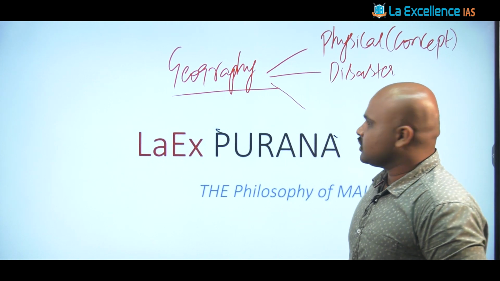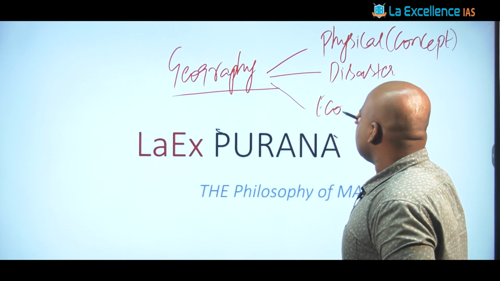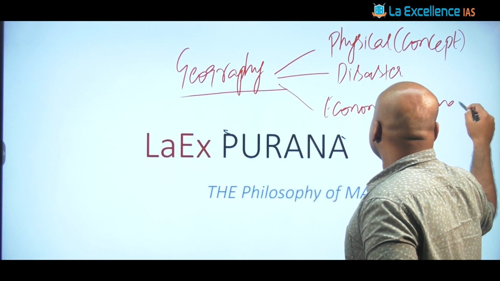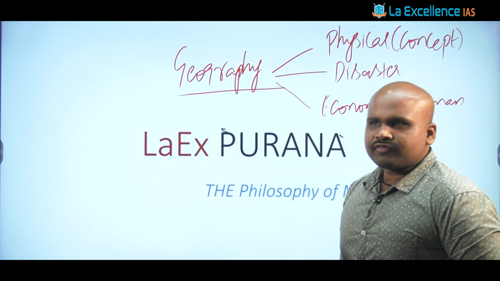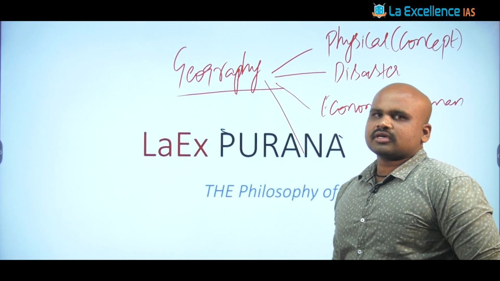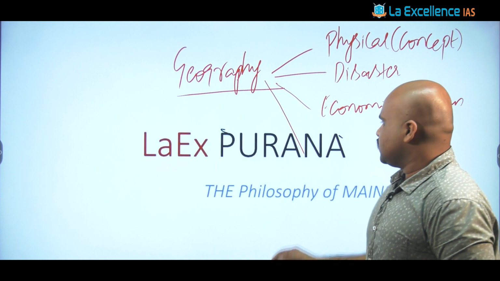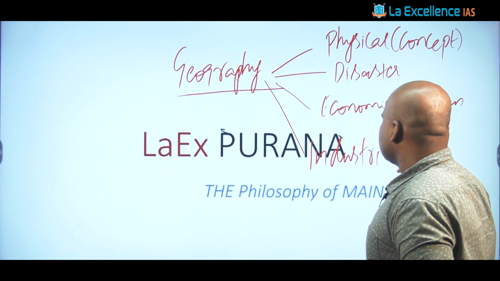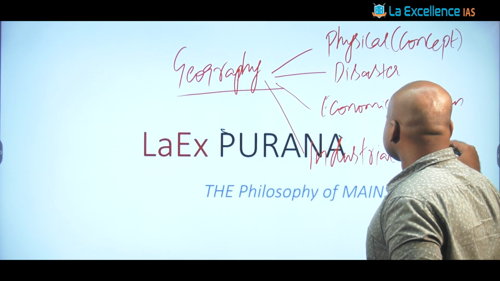The third is the economic and human geography elements. And apart from this, one very famous area of UPSC which categorically emphasizes is the industrial locations.